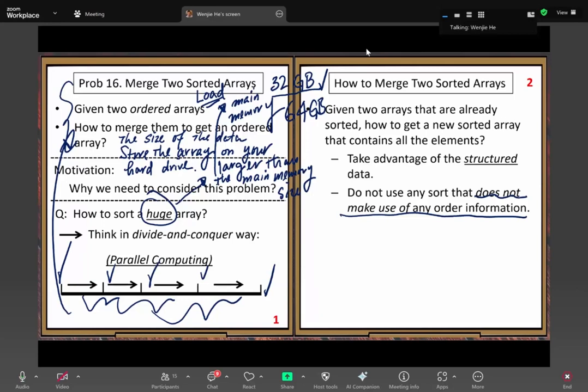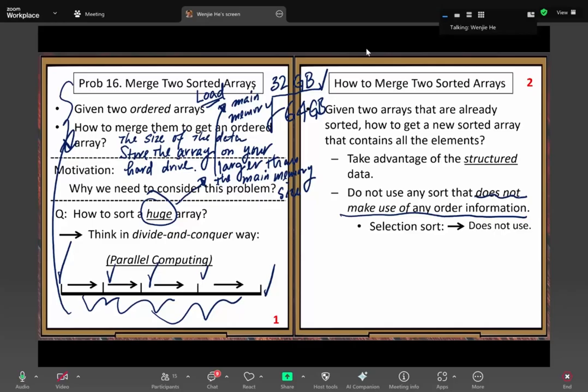Three sorts. Let's look at these three sorts. Selection sort. Do we use order information in the selection sort? No. Because for selection sort, no matter what the order is, you get the same result, right?